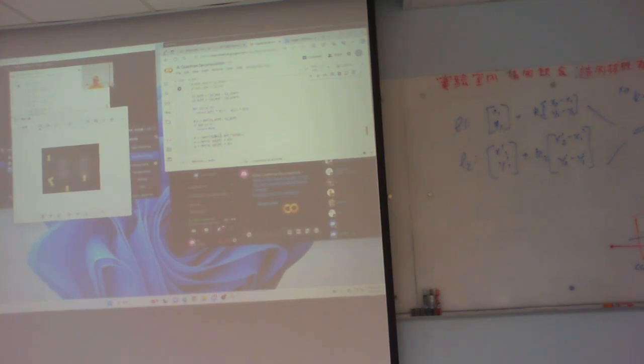Determinant of the line. I think that's wrong too. I will have to calculate the determinant of the line. This is not the determinant of the line.